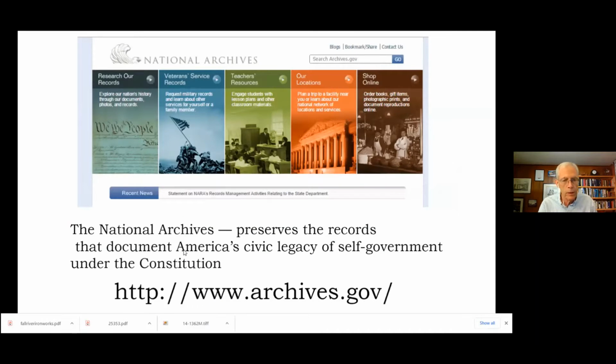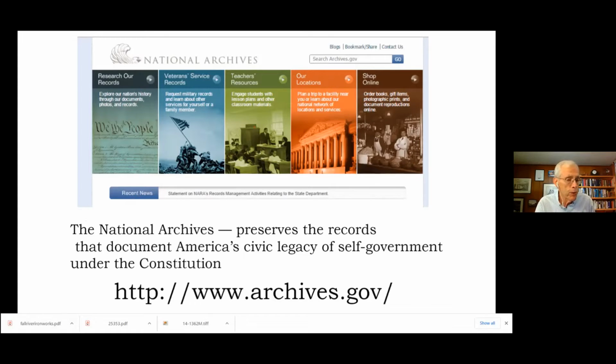Again, as we said in yesterday's webinar, but if you're new, this is new for you. This is the landing page when you go to archives.gov, which is the main website for the National Archives. And as I mentioned previously, there's a wealth of information you can get from this address, probably over 1 million primary sources through the Research Our Records tab, and a lot of teaching resources from the third tab from the left, which says Teachers Resources.